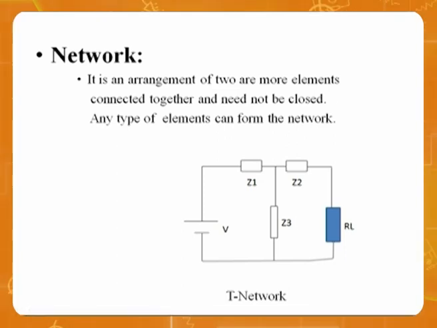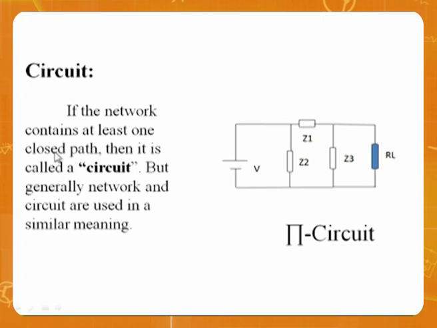Now let me take you to the second definition, which is equally important, called circuit. Wherever you use the word circuit, it simply means closed. That's why if the network contains at least one closed path, then it is called a circuit.